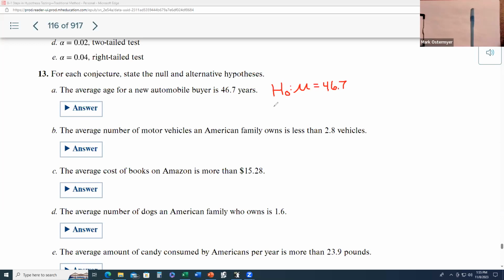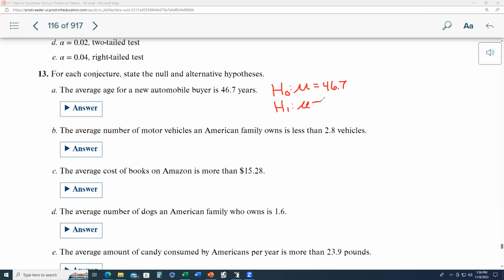Now, my alternative hypothesis has to be the complementary statement. And what would be the complementary statement? I would say mu is what? What's the other side of the fence? Less than 46.7. Well, to say opposite of mu being equal to 46.7, we would say mu is what?